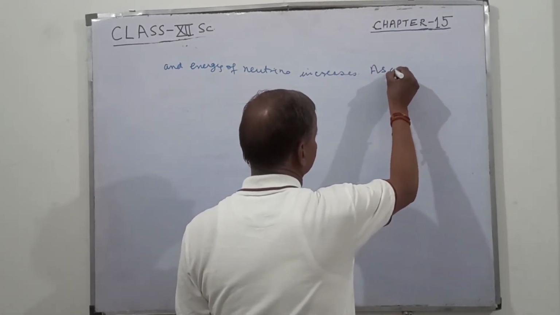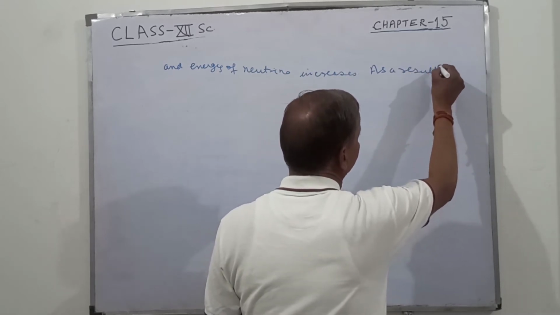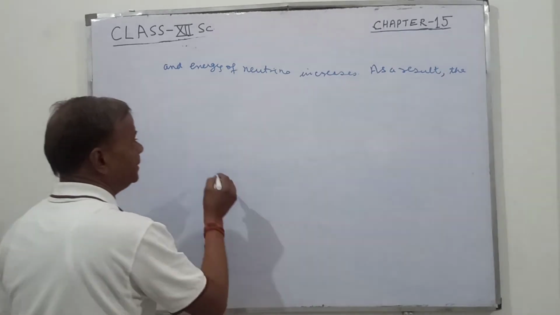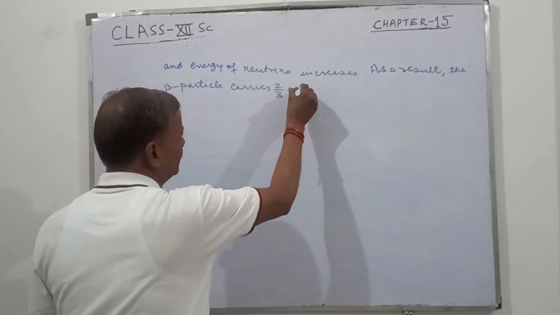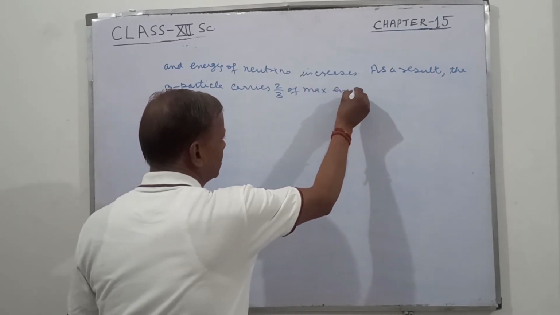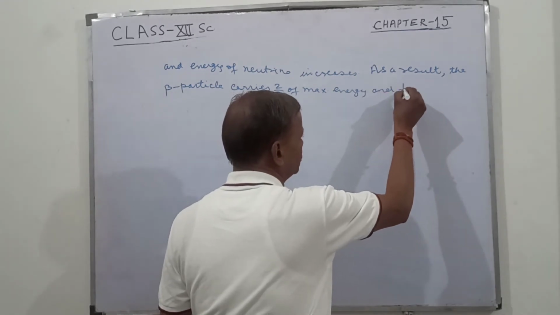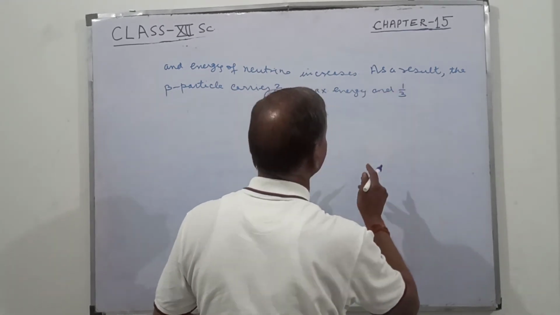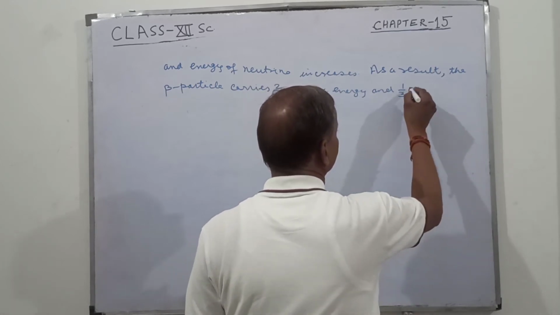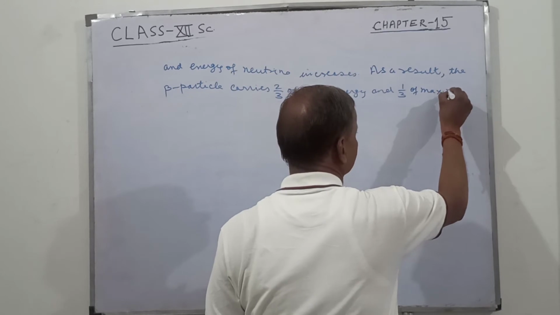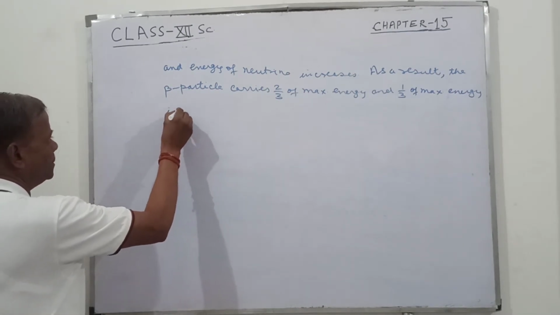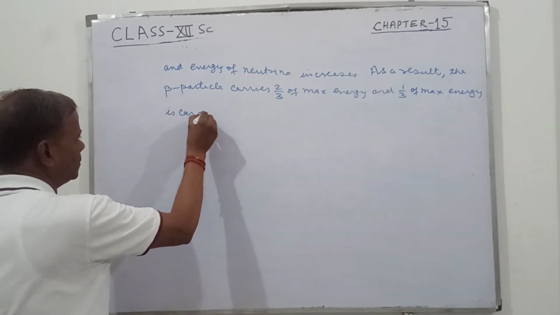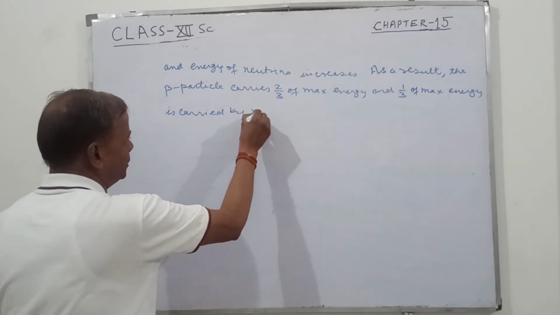As a result, the beta particle carries 2/3 of maximum energy and 1/3 of maximum energy is carried by neutrino.